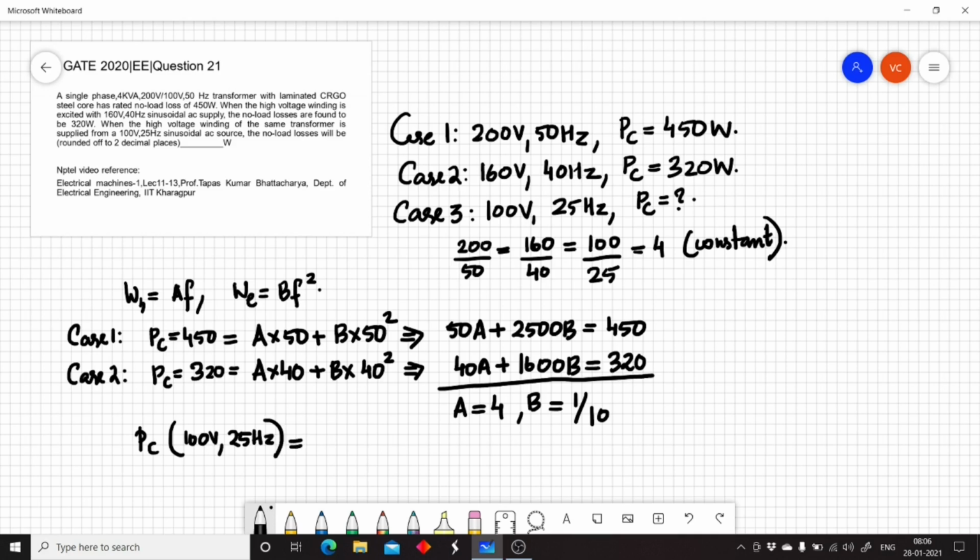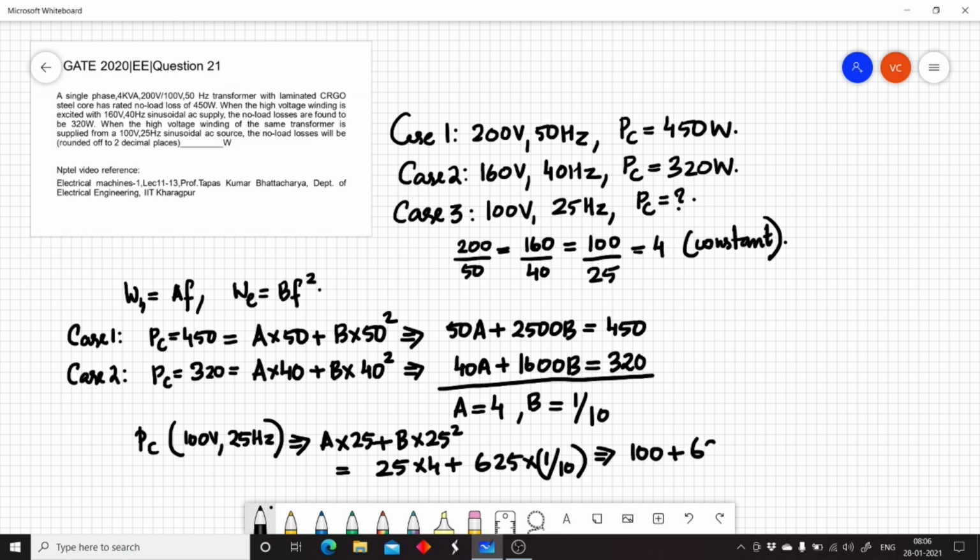So that would be nothing but A into 25 plus B into 25 squared, which is 25 into 4 plus 625 into 1 by 10, which is equal to 100 plus 62.5, which is 162.5 watts.